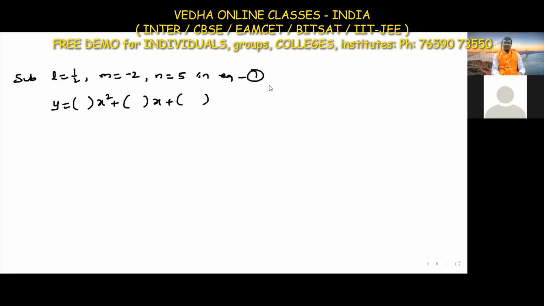Now substitute the values: L is 1 by 2, M is minus 2, N is 5. Now simplify here. Take the LCM, which is 2. So x square minus 4x plus 10 is equal to 2y.